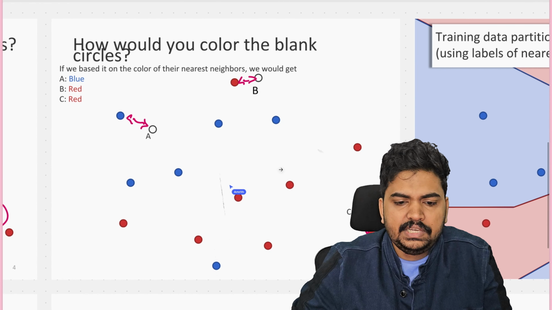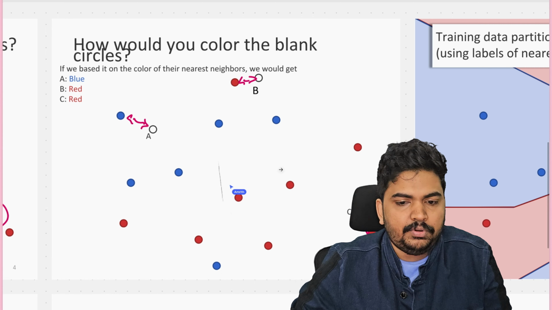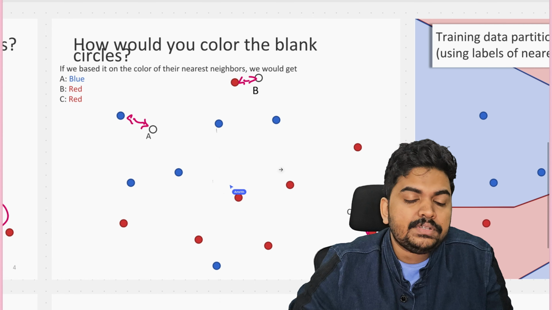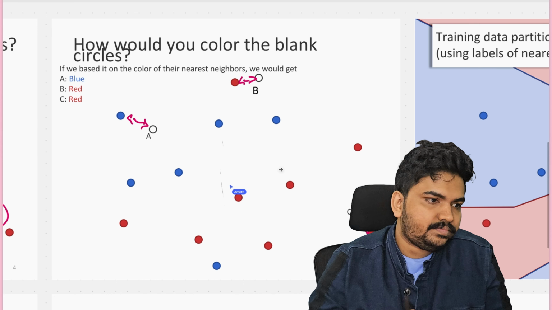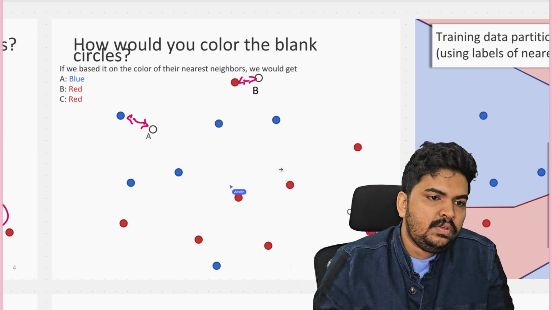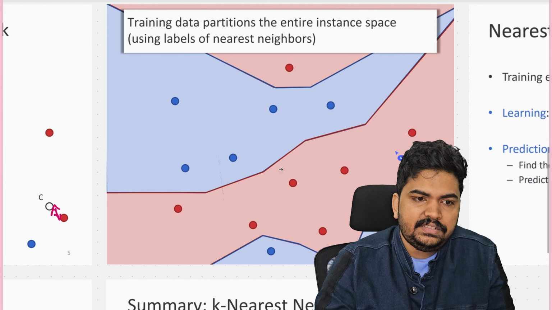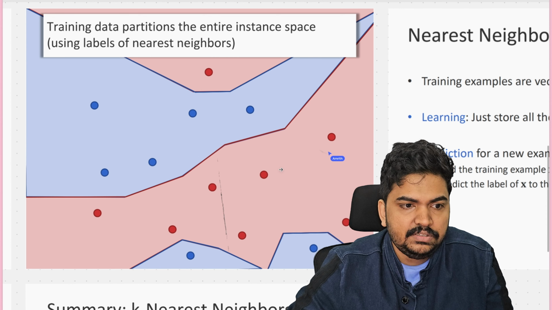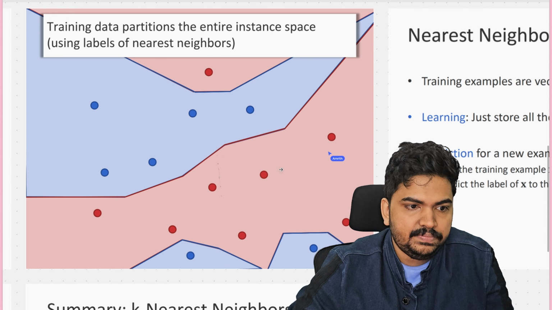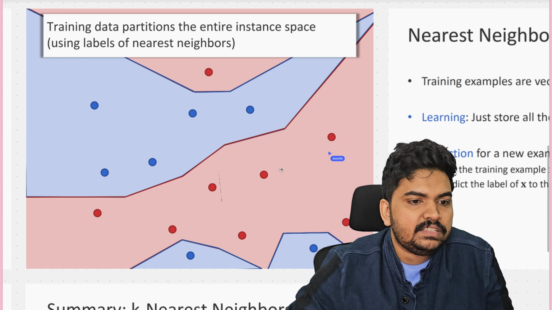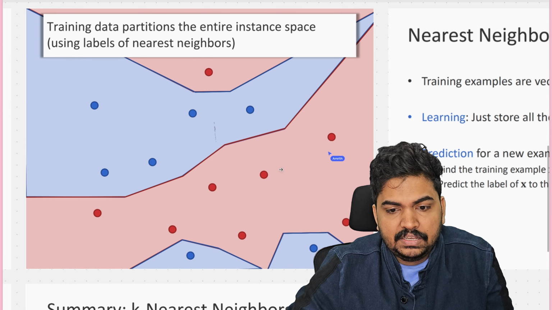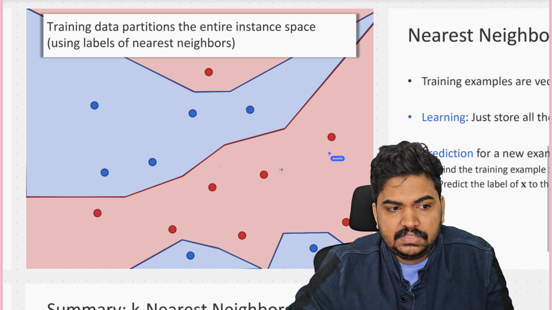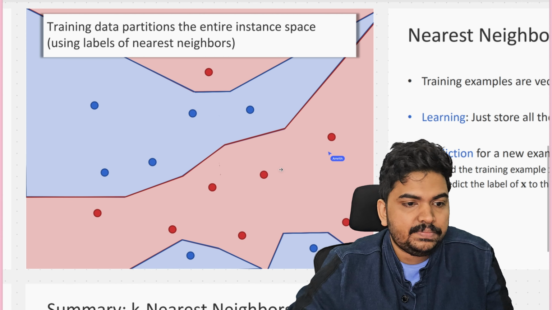This is based on the color of the nearest neighboring data point. Here we can see that the training data partitions the entire instance space using the labels of the nearest neighbors. Nearest neighbors is based on the intuition that the points closest in a feature space are likely to belong to the same class.